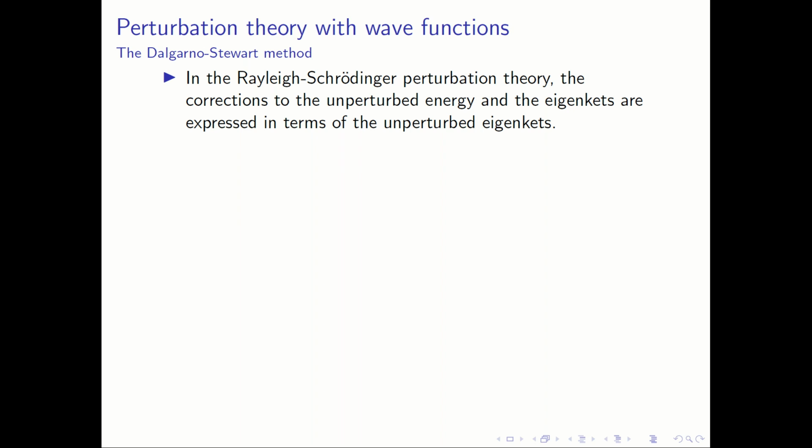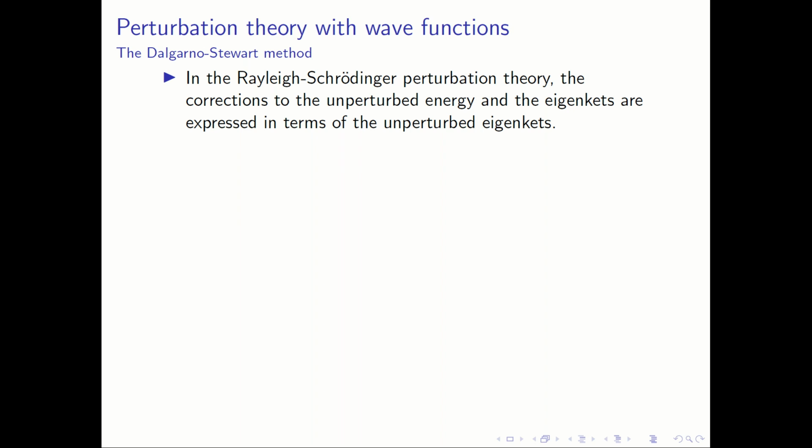Notice that in the Rayleigh-Schrödinger perturbation theory, we calculate corrections to the unperturbed energy and eigenkets. But these corrections are written in terms of the unperturbed eigenkets, or basically expanded in a basis formed by the unperturbed eigenkets.